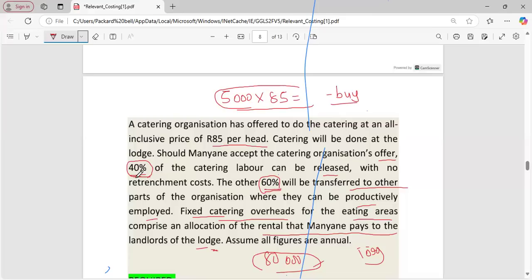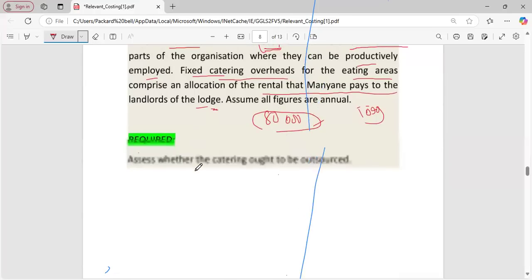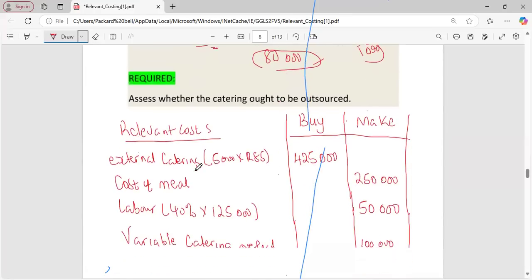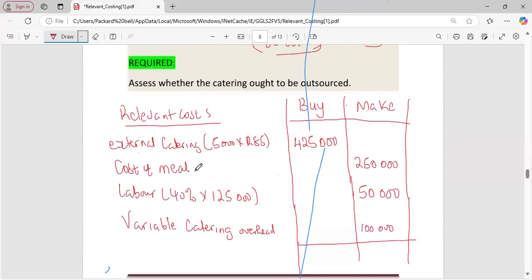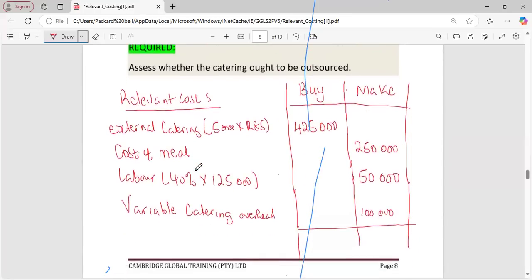This 40% is going to be paid to these people with no retrenchment cost, so it forms part of our decision. If we accept the order, then we are going to pay these people 50,000.